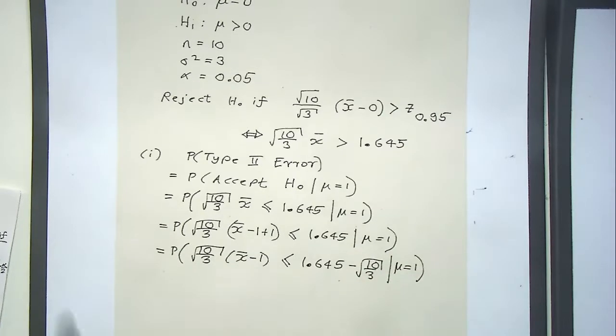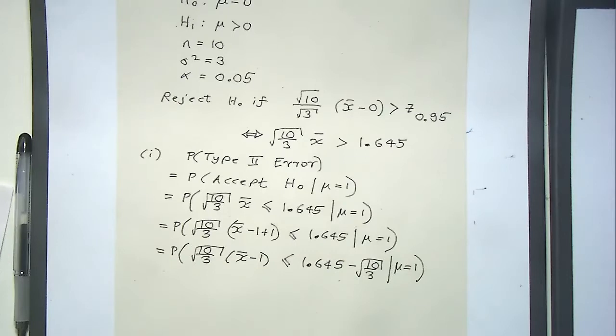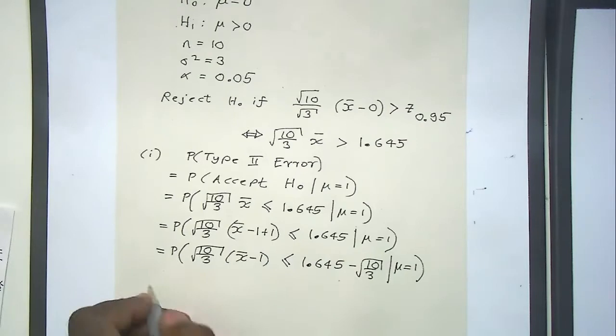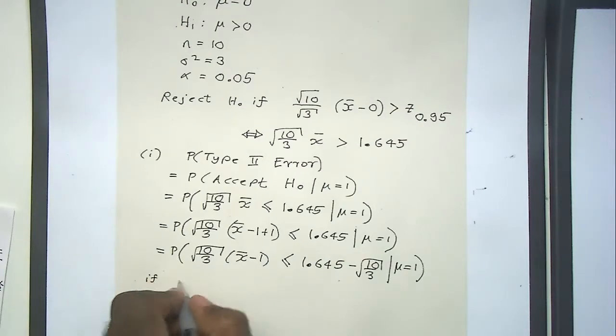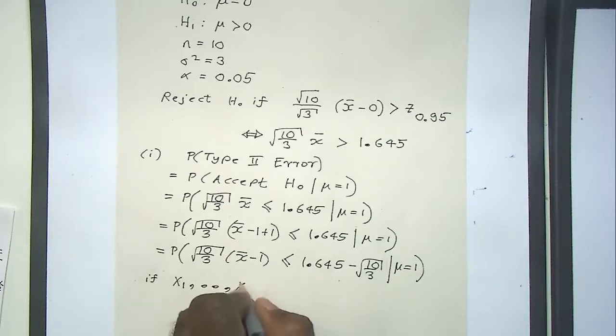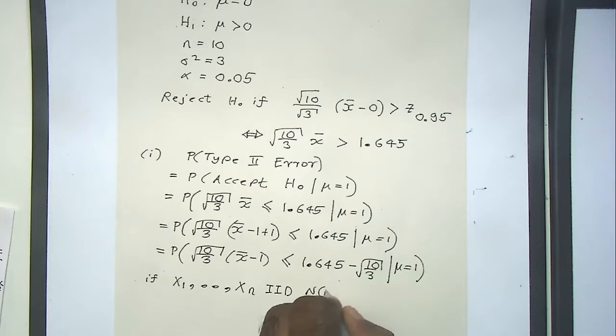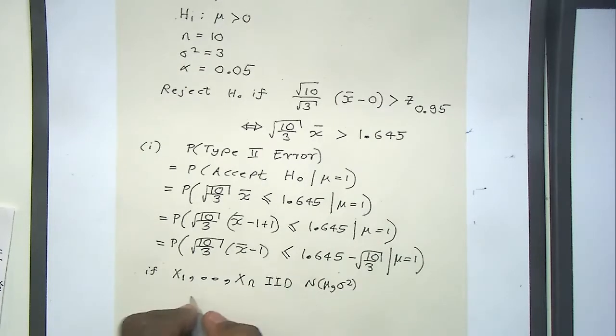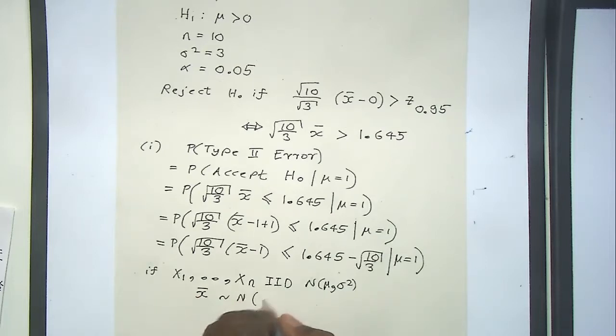Now, I don't know whether you remember, guys, I think I mentioned this in the lectures at least 2 times, the following result: if you have a random sample from a normal distribution, then x bar has a normal distribution with these parameters.